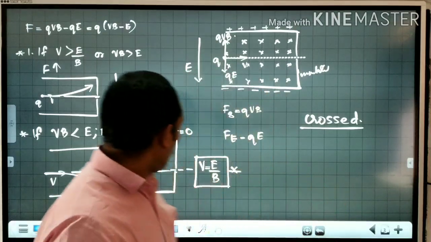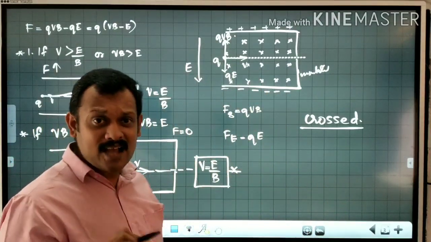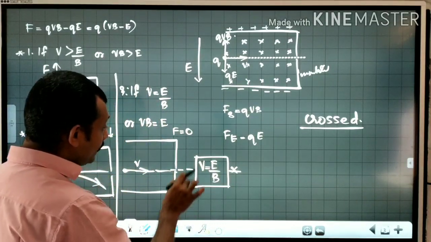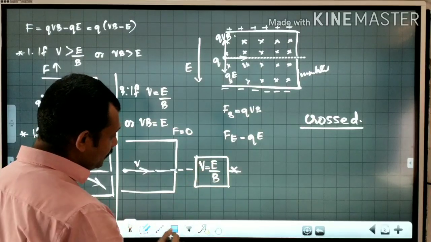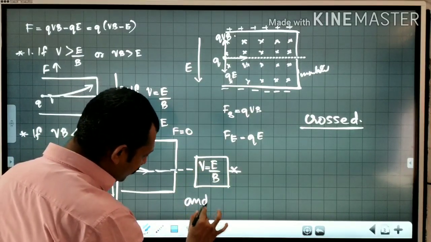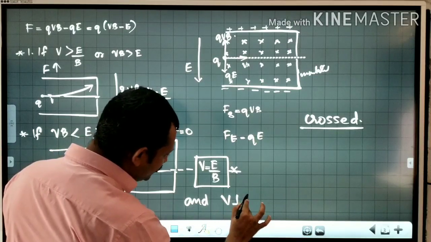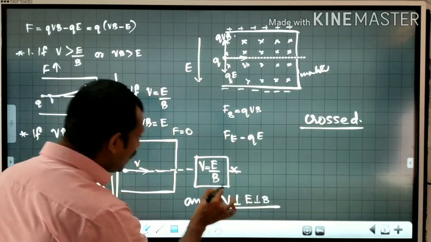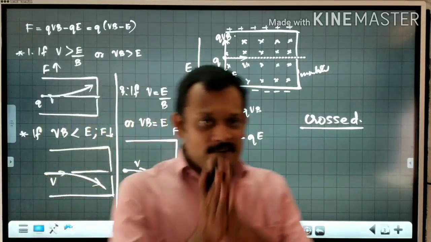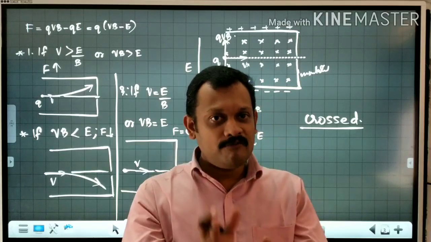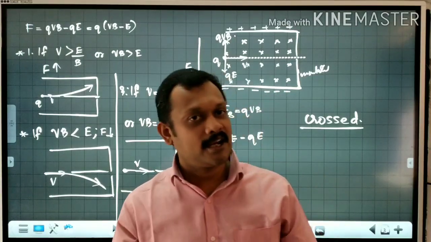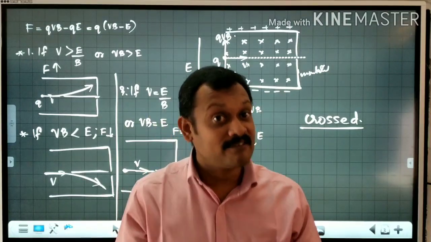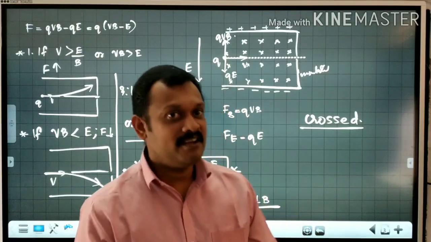I repeat. For a particle to pass undeflected through a region of electric and magnetic fields, the magnitude of the velocity is V is equal to E by B, and one more condition is also there, and that condition is V perpendicular to E perpendicular to B. Only if there is such a condition too will this work. Understand: V must be equal to E by B, and V, E and B must be mutually perpendicular. Then our charged particle will pass through crossed electric and magnetic fields without any deviation.